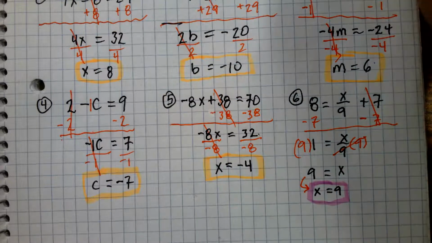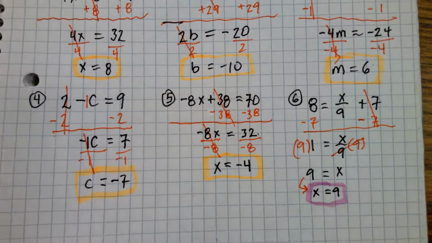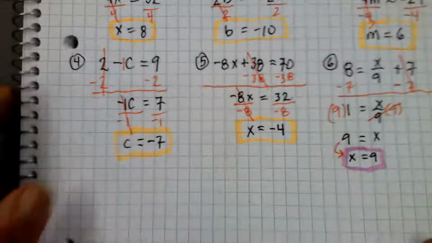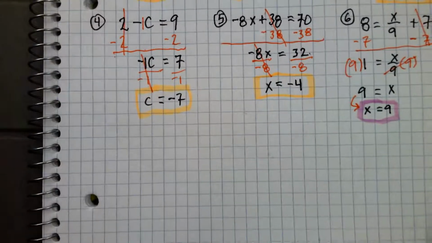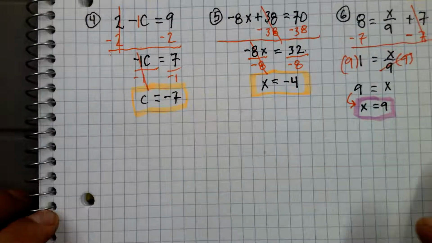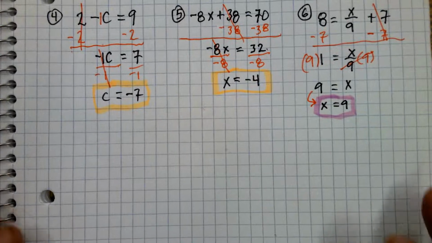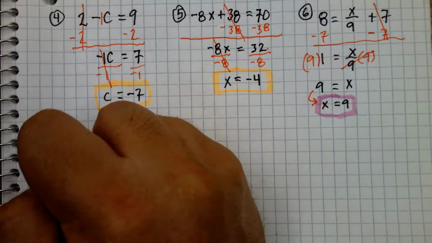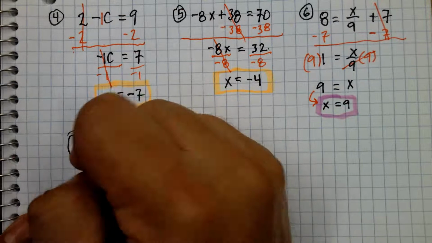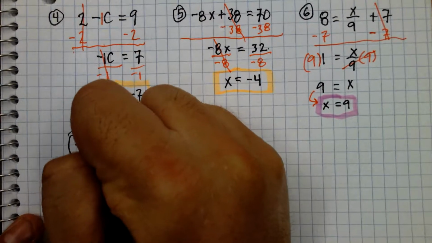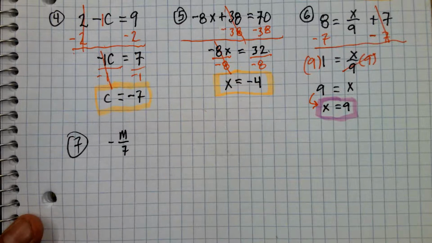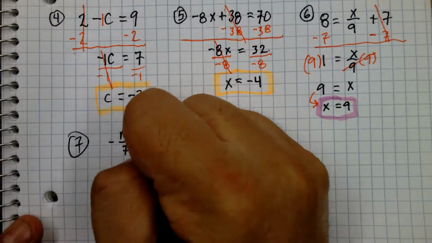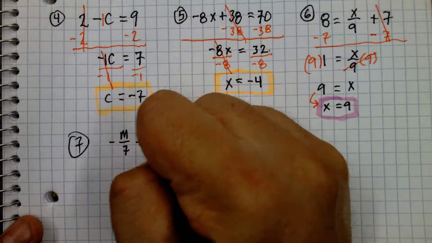Last one. Ready? Okay, last one, number 7. So number 7 is going to be, scoot this over, negative m over 7 plus 4 equals 14.